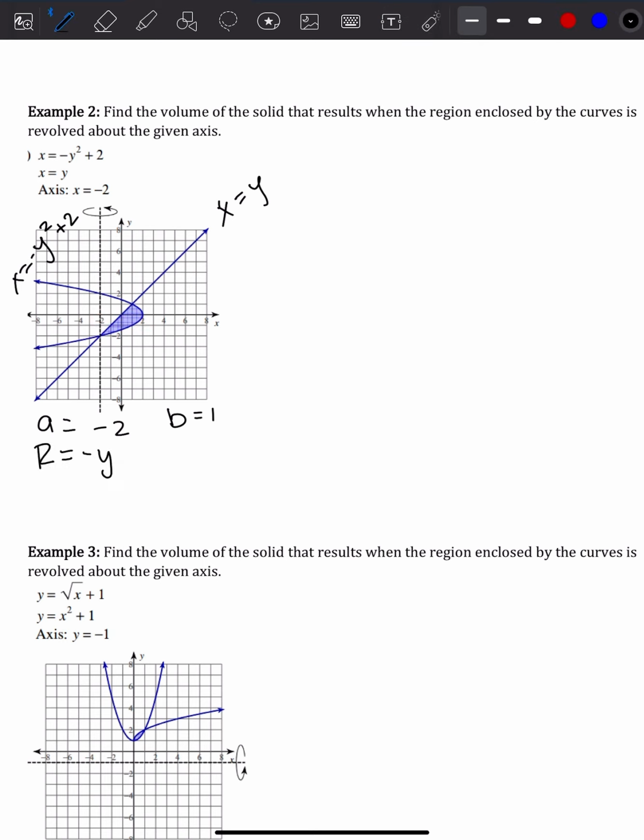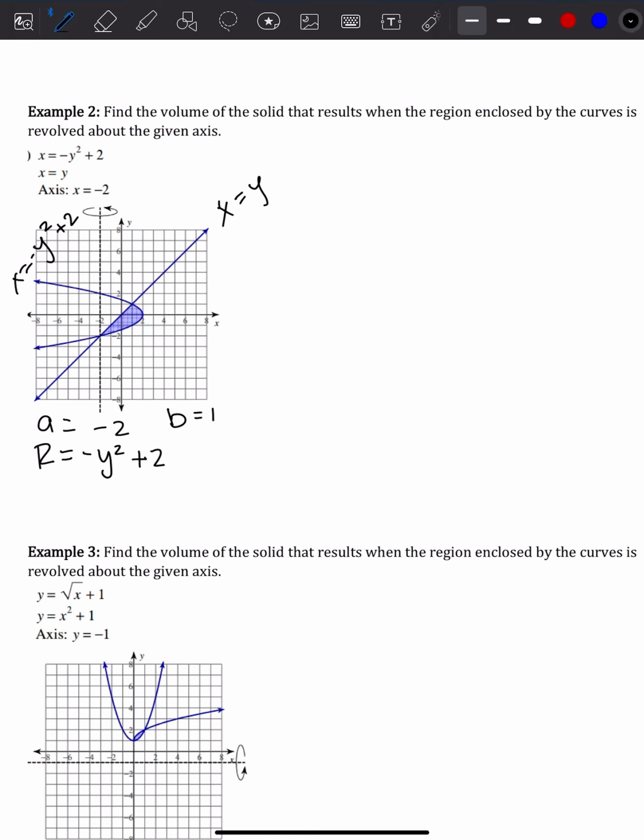Negative y squared plus 2. But I also need this to be the distance from the axis of revolution. So just like we would have done before, our distance here is going to be this distance between our curve and the y-axis, and then also this distance over here.